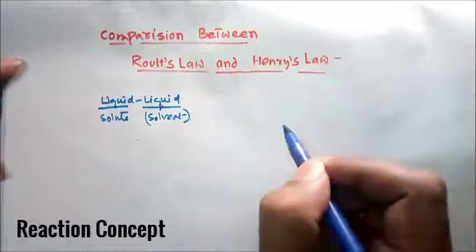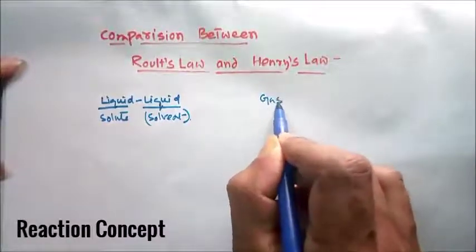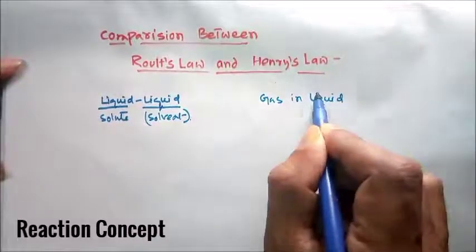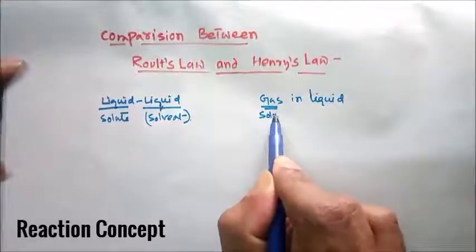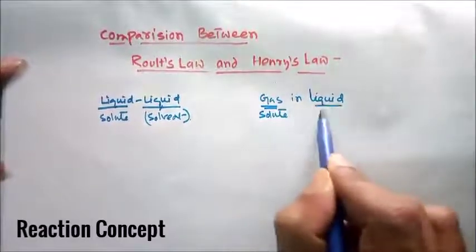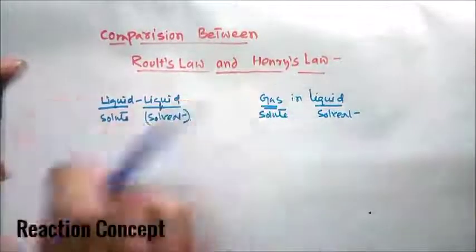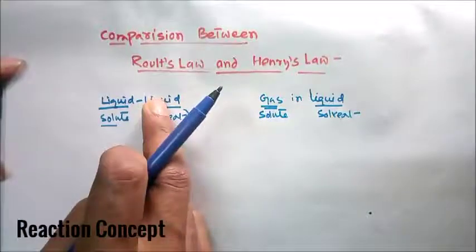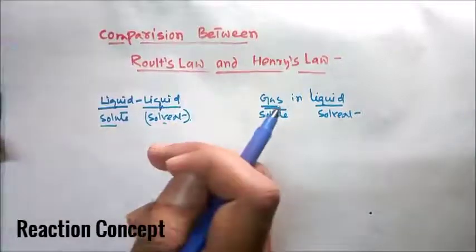But in case of Henry's law, it is said that the solute is gas in liquid. This means the solution consists of a solute of gas. Here gas is the solute and the solvent is the liquid. Both the solute and solvent in case of liquid solution are volatile. Okay, that you should remember.